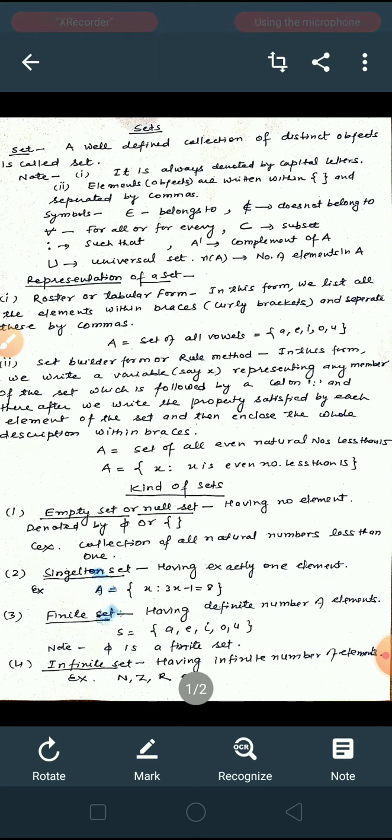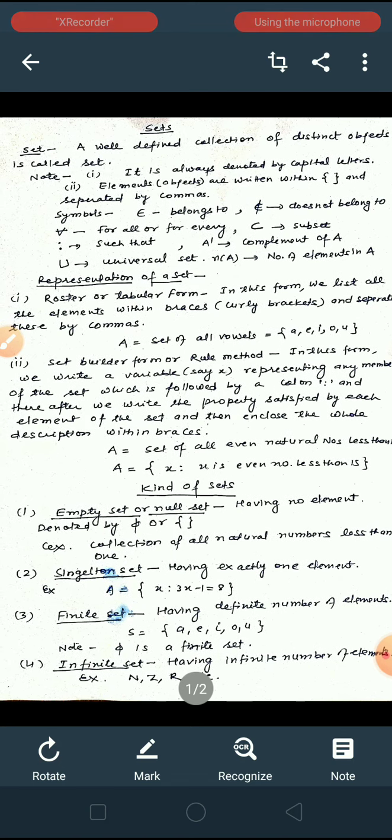Suppose the collection of all months of a year, collection of all days of a week, all these are countable sets because you can count them. Here is the example, collection of all vowels. Children, you know A, E, I, O, U are vowels, you can count them, so this is a finite set.